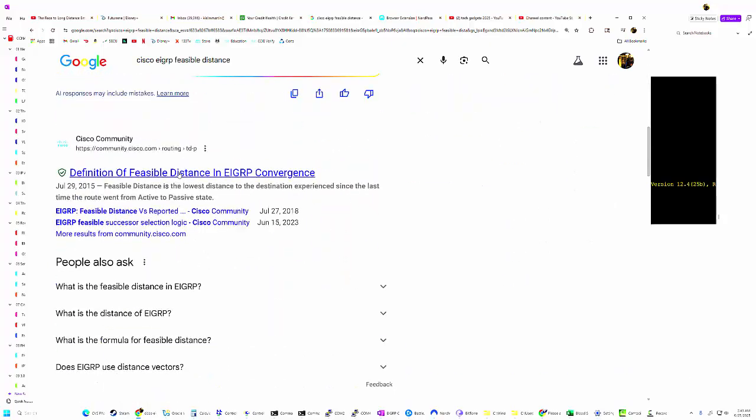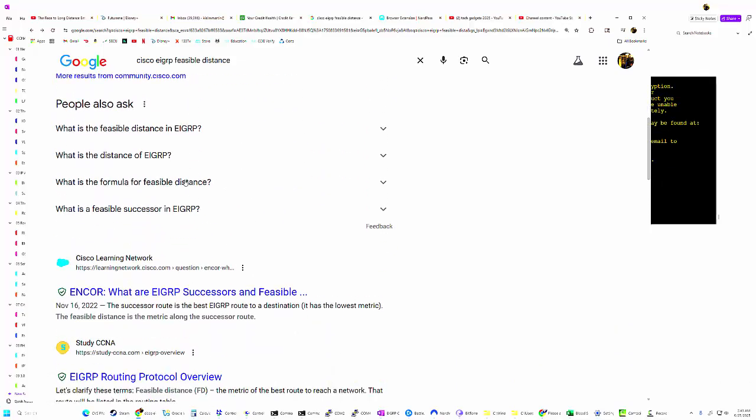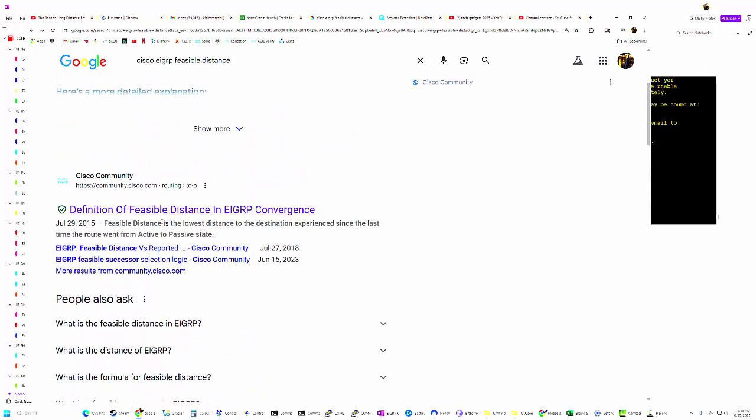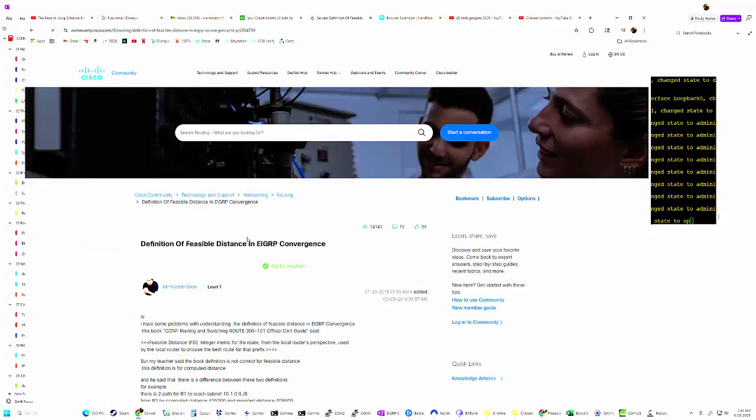All right, let's see if we can get a better definition. Okay, let's go back. Feasible distance is the lowest distance to the destination experienced since the last time. I'm having a hard time with that definition. And you know what? Hang on for 1 second. I'm going to pull out one of my books for this. Hold on.